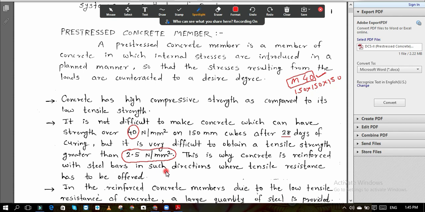Have you ever thought about why we provide these steel bars? If we eliminate those steel bars, then our structure cost will get reduced. If we only make the members using concrete only, why do we use steel along with the concrete? The answer to this question lies in this point.